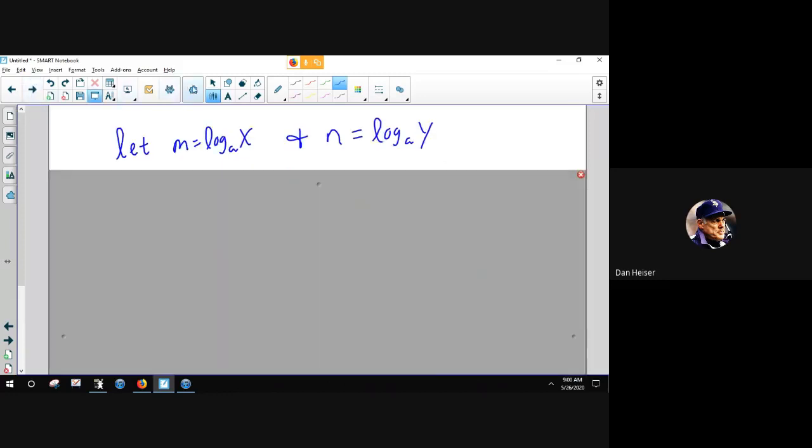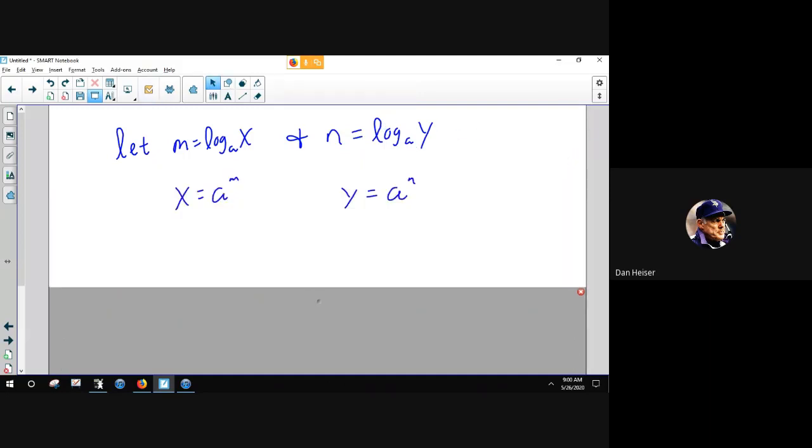Now, we're going to look at those properties a little more closely. Here's sort of the background of why those are what they are. So I have this quantity M, quantity N, and I'm going to say M is the log base A of X, N is the log base A of Y. And we're going to go through some things here.